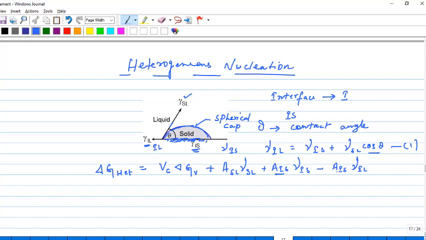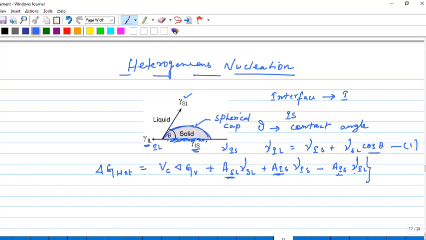And here you have another term which is negative. So this is the positive surface energy which is added to it. This is because of the creation of the new surface, as we discussed before. But here this particular term you can see is negative, and this area is taken equal to the area of this interface between the solid and the heterogeneous surface on which it is forming.